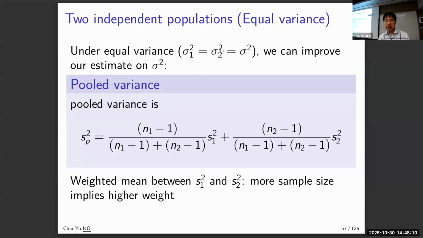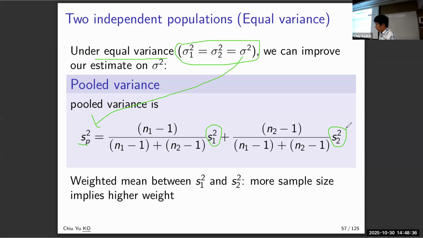So we can solve this if we assume that they have the same variance. We can estimate this sigma by this formula. It's a weighted average of the first sample variance and the other sample variance. We can prove this formula, but it is not complicated to understand because this is the weighted mean.